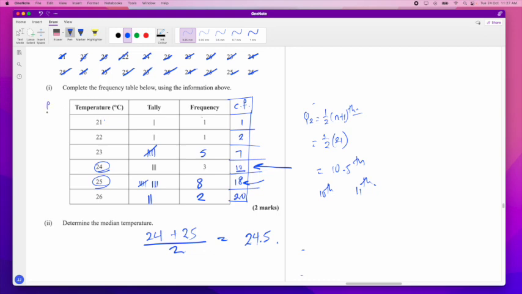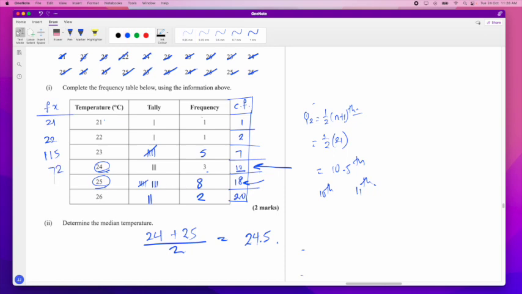So let's have our fx column here. 1 times 21 is 21. 1 times 22 is 22. 5 times 23 is 115. 3 times 24 is 72.